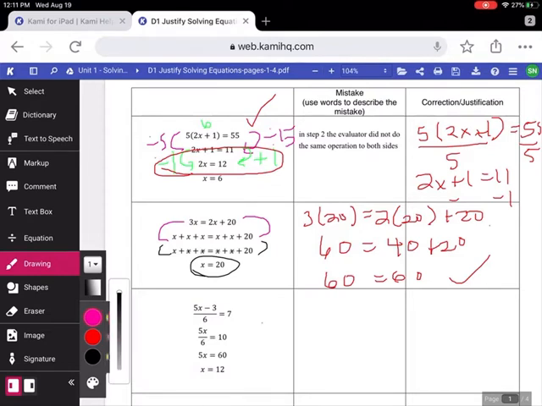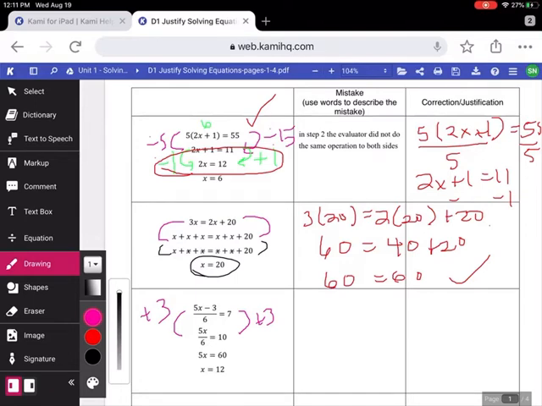All right, in our next question here, we're doing exactly the same thing. We're going to go through it step by step and see if they did anything wrong. So in the first step here, I noticed that 7 becomes 10, which means I add 3, and then they got rid of the minus 3 over here, which at first thought looks like they added 3 to both sides here.